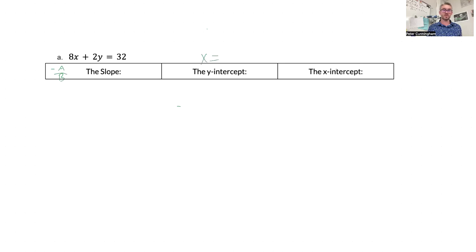So I'm going to rewrite this equation with no x's involved, just 2y equals 32. Solve for that. Divide by 2 on each side. Y equals 16. So the y-intercept would be 0, 16.